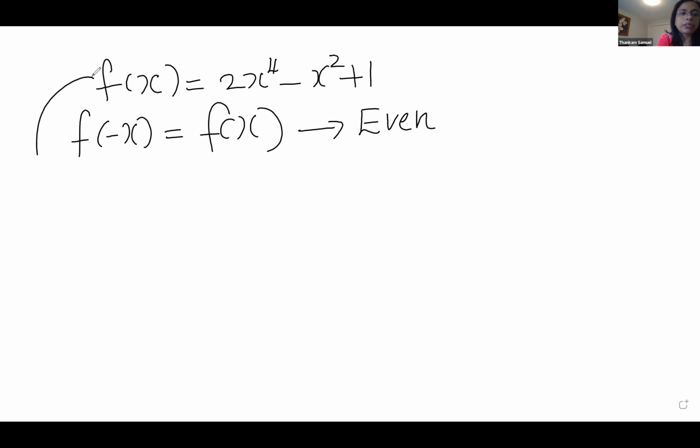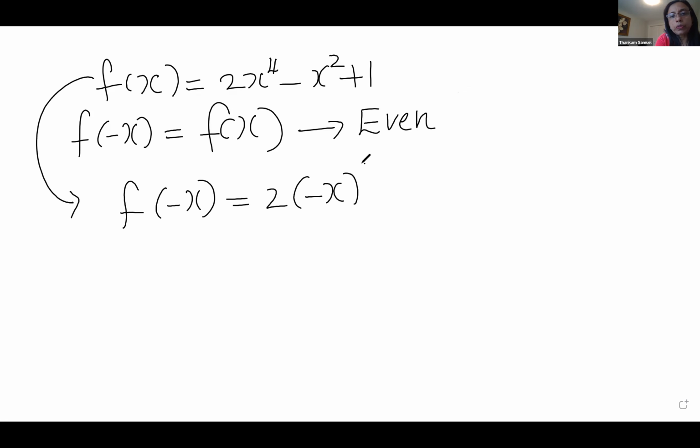So in the given function, replace x by negative x: 2 times negative x to the 4 minus negative x, the whole quantity squared, plus 1. And you can see that this is like 4 factors of negative x. That will become x to the 4.